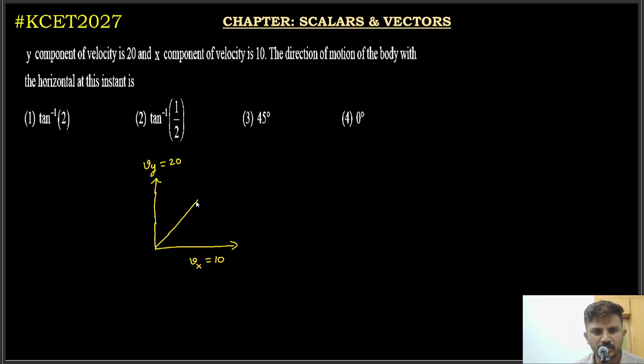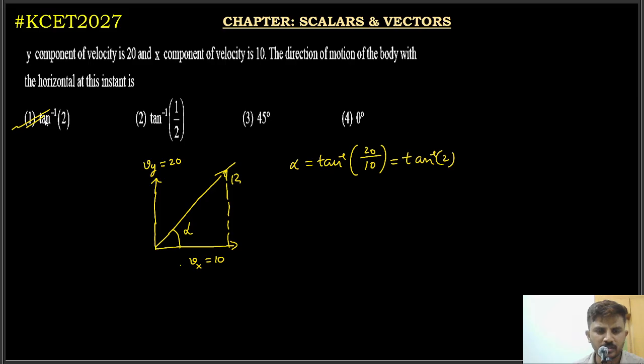If I consider this is the resultant, its direction with the horizontal is given by alpha. Then alpha is equal to tan inverse of opposite by adjacent. Opposite is nothing but the Vy value, adjacent is 10. That is tan inverse 2. Option 1 is correct.